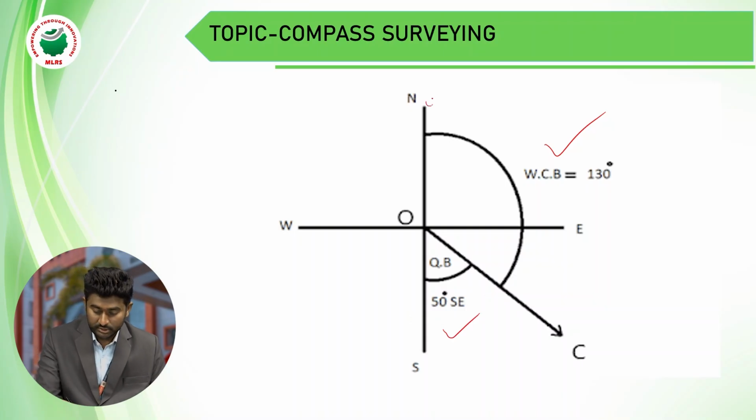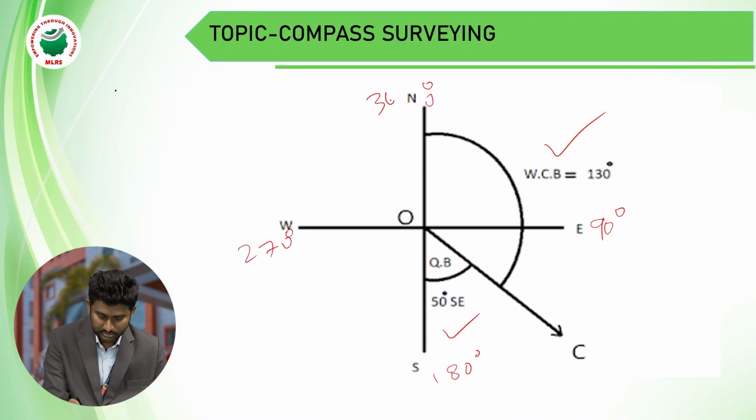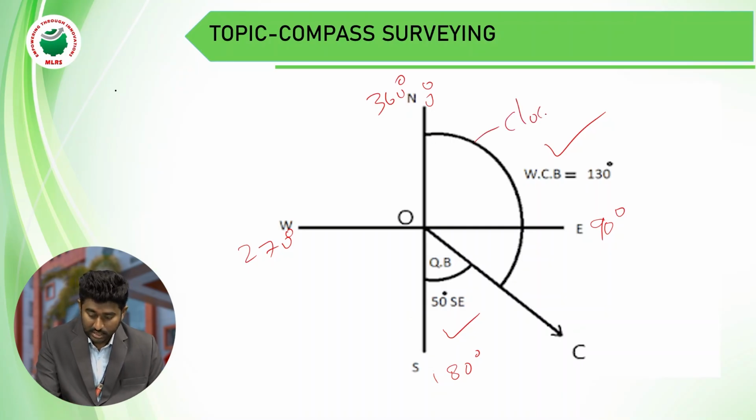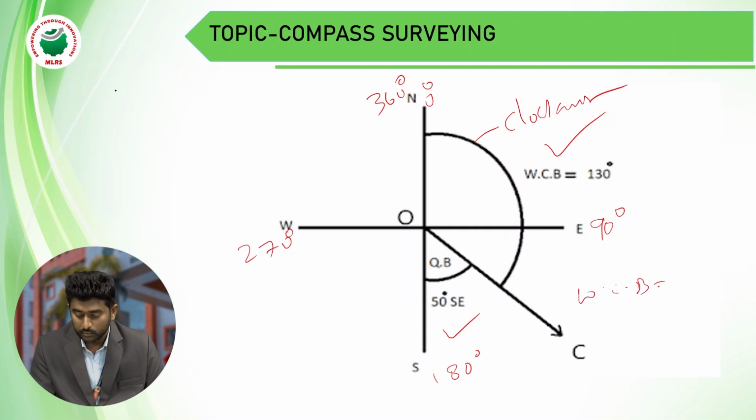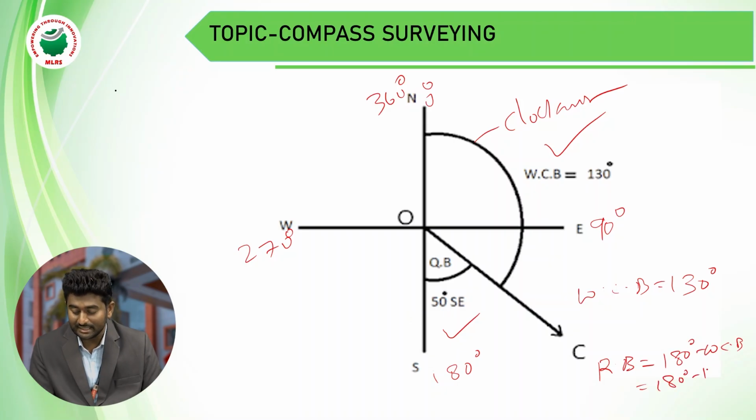Locate 0 degrees, 90 degrees, 180 degrees, 270 degrees, 360 degrees in the clockwise direction. A whole circle bearing of 130 degrees can be converted into the reduced bearing: reduced bearing equals 180 minus whole circle bearing, 180 minus 130 degrees equals 50 degrees. This is the reduced bearing.